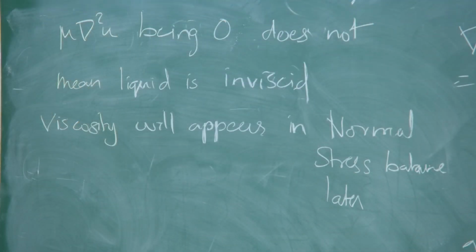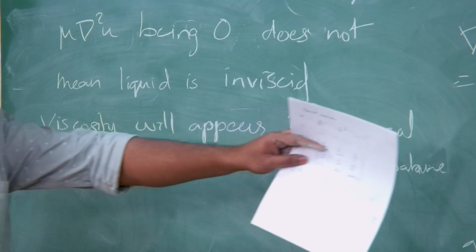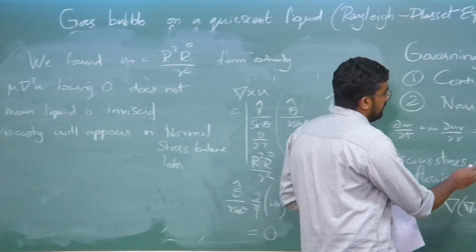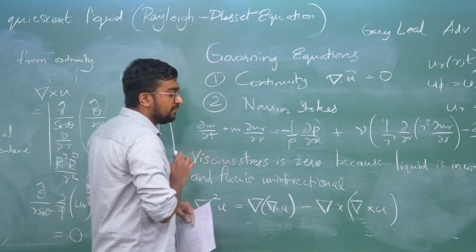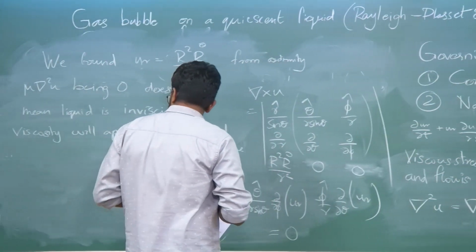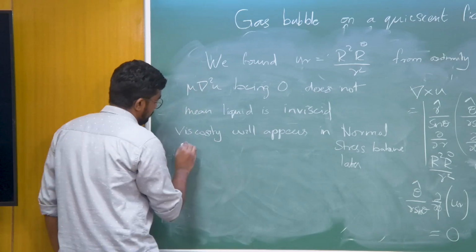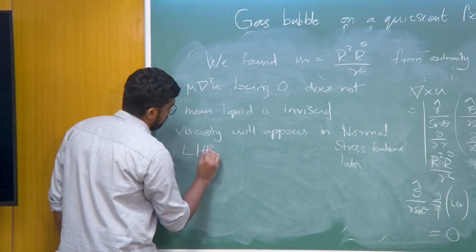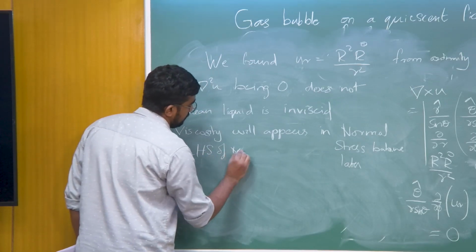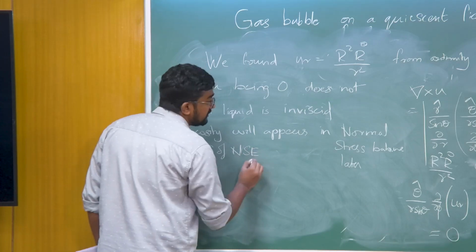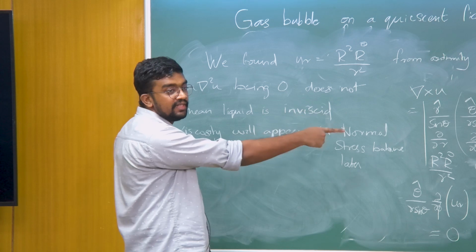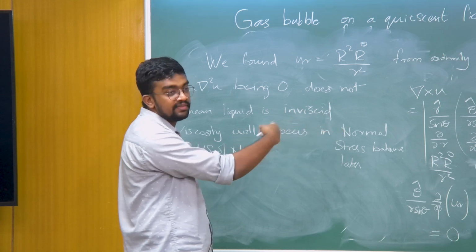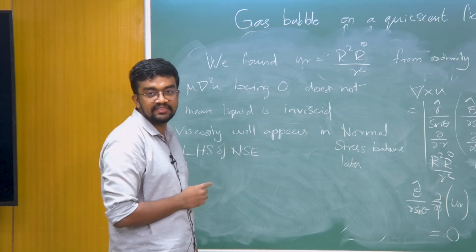Okay. So the RHS of that expression is essentially just this term. The other term just goes away. Now coming to the LHS. Please solve it. You can substitute the ur value in the left hand side and solve for the left hand side.